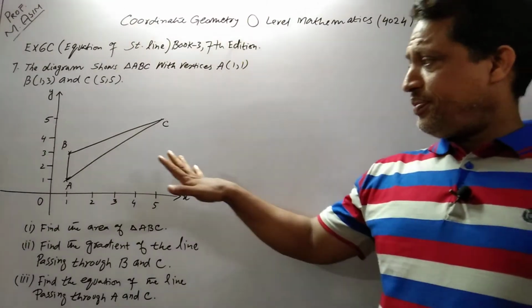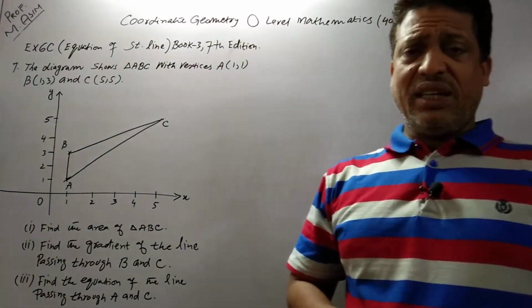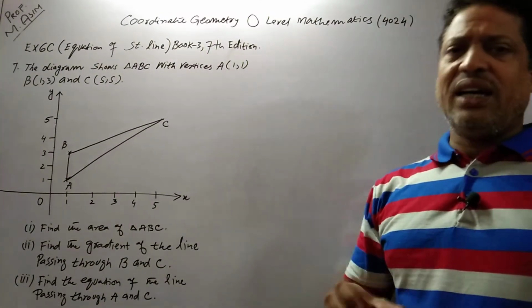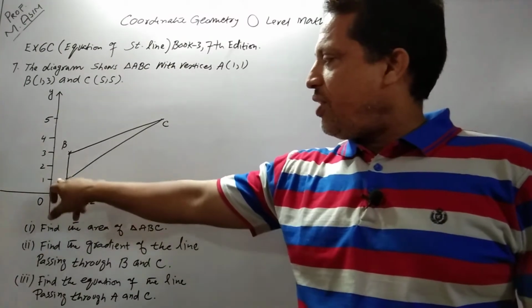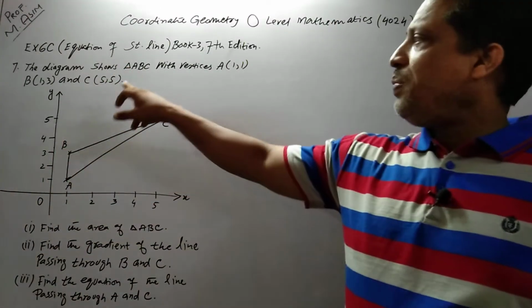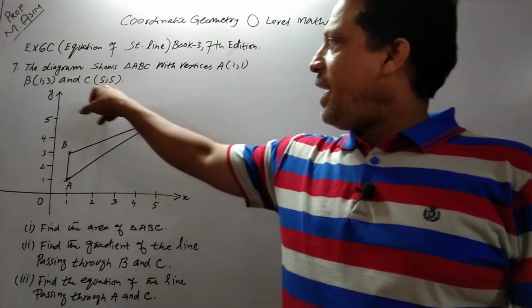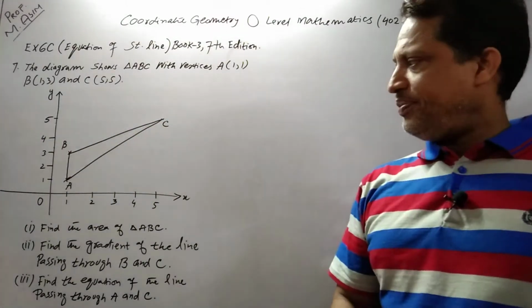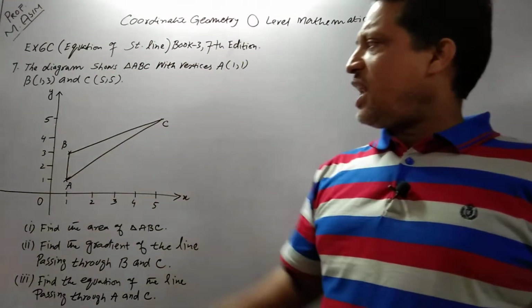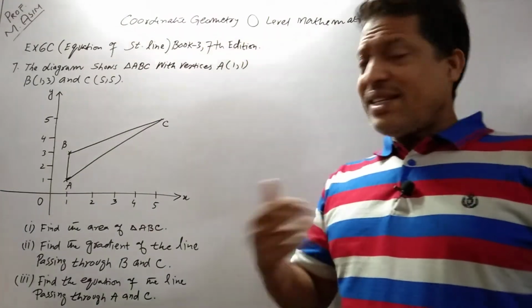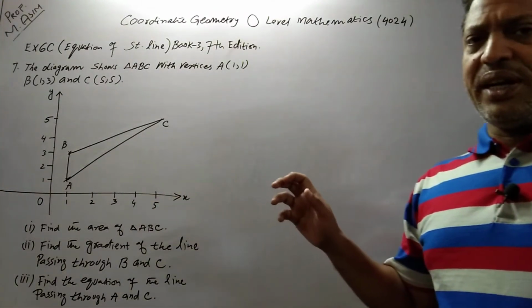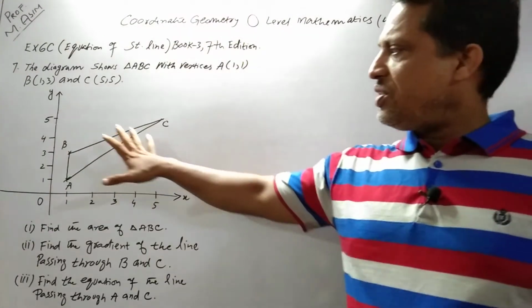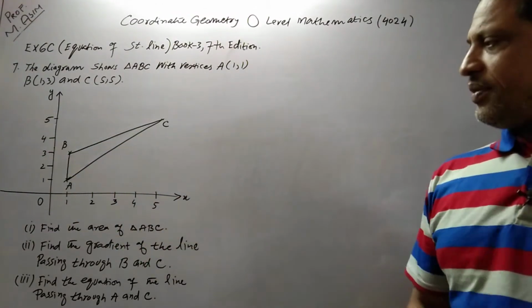I am not drawing a graph, but I just show a triangle with vertices A (1, 1), B (1, 3) and C (5, 5). This diagram is not as accurate as the one given in the book, but for your understanding it's enough to see this diagram in this way.